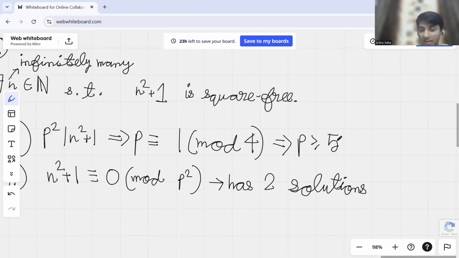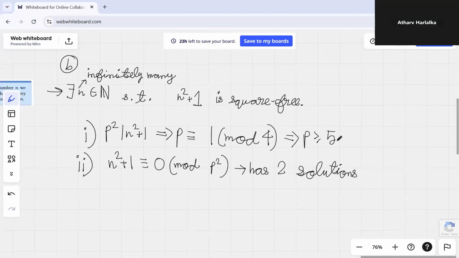Great. Now I'm thinking we can select n in the range of 1 to m, with m to be decided later, and then we bound the size of the prime factors if it's not square free. With these bounds, for each prime factor in this bound, there are only a certain number of n such that p divides n squared plus 1.